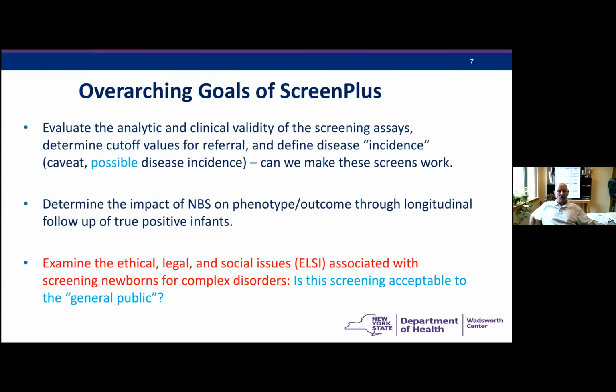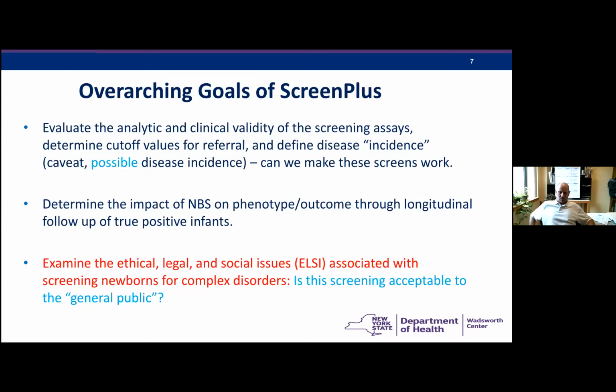So the overall goals of this are to evaluate the analytical and clinical utility of the assays, and we're really refining cutoffs. Over time, we hope to be able to use some of the information and put this into CLIR. This will be a resource, kind of pending our resource capabilities to be able to help with this work.